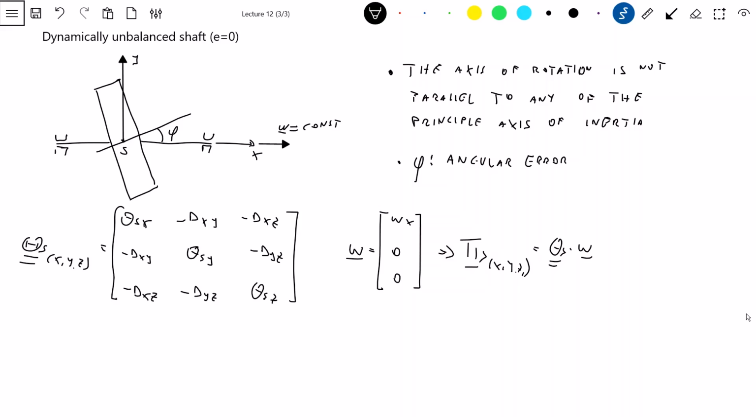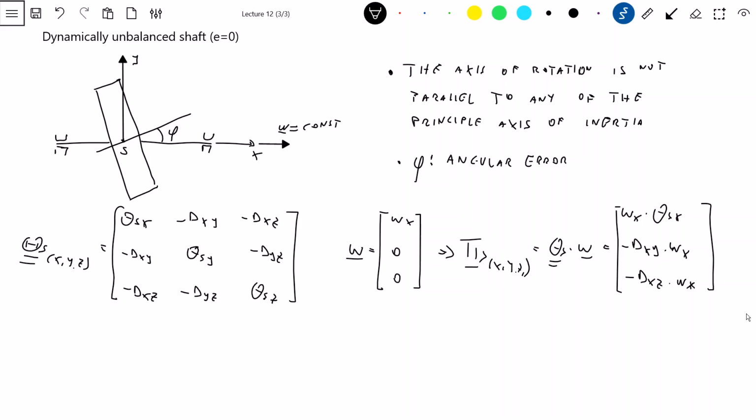If you make this product, you obtain omega x times theta sx, then minus dxy times omega x and minus dxz times omega x.